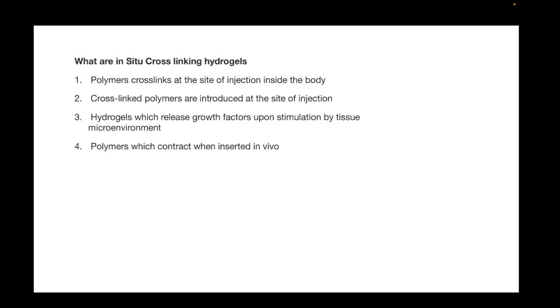You have to select the correct option here. First option: polymers cross-link at the site of injection inside the body. Second option: cross-linked polymers are introduced at the site of injection. Third option: hydrogels which release growth factors upon stimulation by tissue microenvironment. Or fourth option: polymers which contract when inserted in vivo. Which of these is an in situ cross-linking hydrogel?